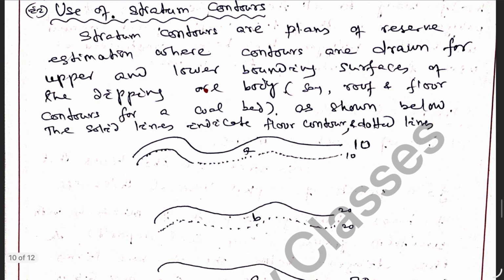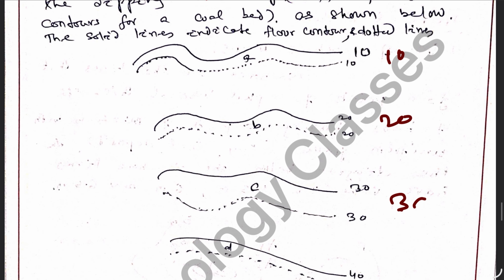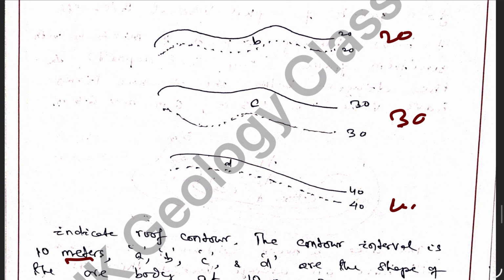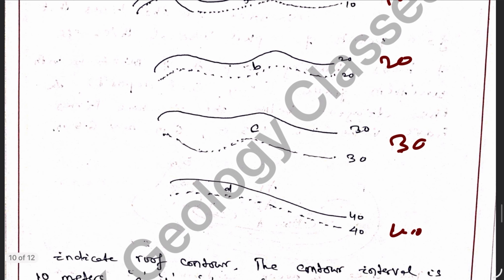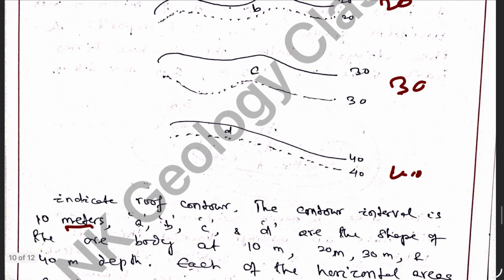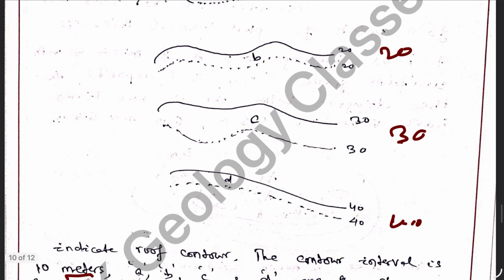That has been discussed here. So the upper bounding surface and lower bounding surface are drawn at 10 meter depth, 20 meter depth, 30 meter depth and 40 meter depth. So these are the stratum contours, or they can be called the floor contour and roof contour.